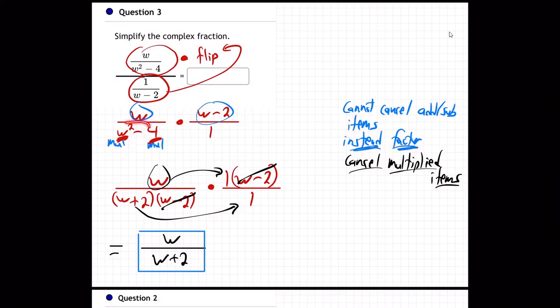Instead, you factor. So we factored the one part that could be factored. And how do you know this part can be factored? Well, it's got W squared. It's a higher power, so it can break down. And then we cross cancel, like we always do, right? We're always allowed to cancel top to bottom, straight up and down, or diagonally. We did diagonally, cross canceled. And then there's what's left, W over W plus 2. We're done.